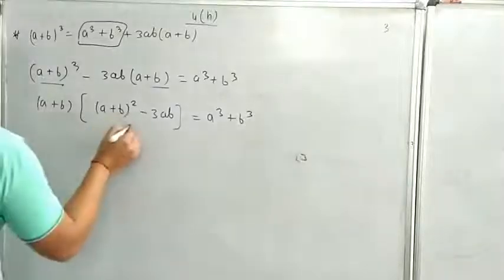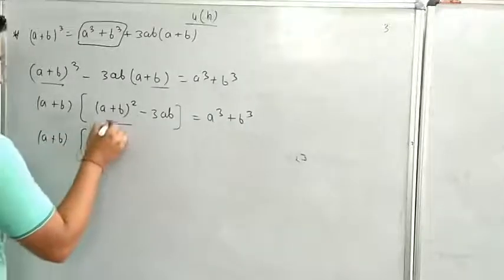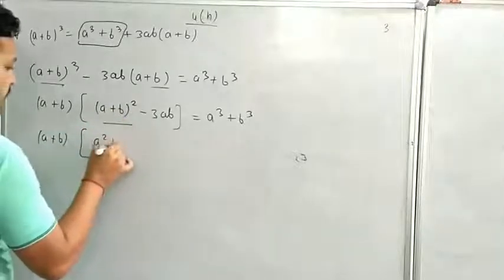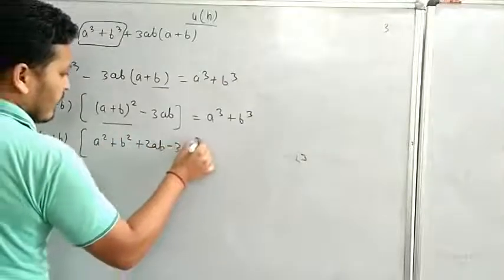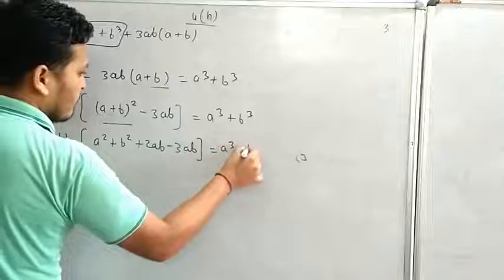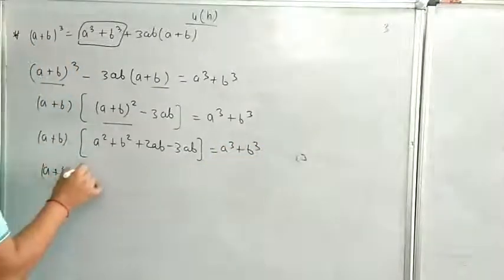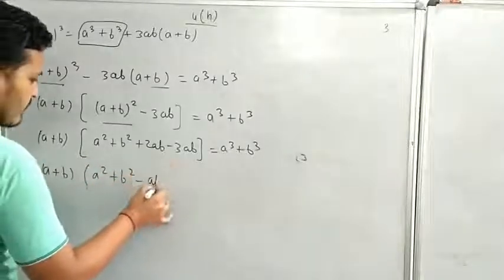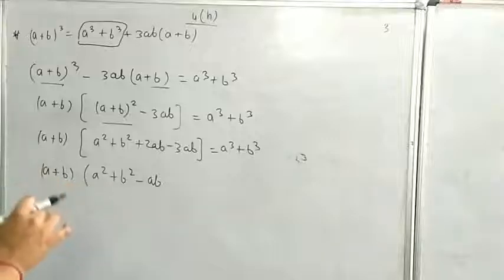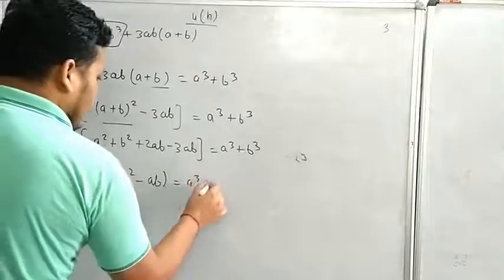Now expand this part. Look, expand (a plus b) whole square: a square plus b square plus 2ab minus 3ab is equal to a cube plus b cube. So on solving this, (a plus b) times (a square plus b square minus ab) is equal to a cube plus b cube.